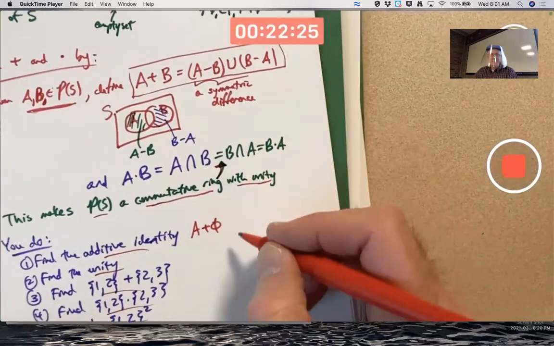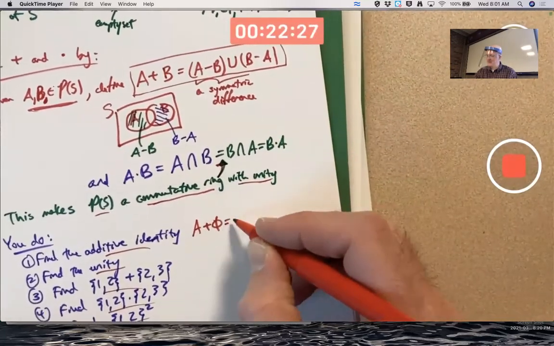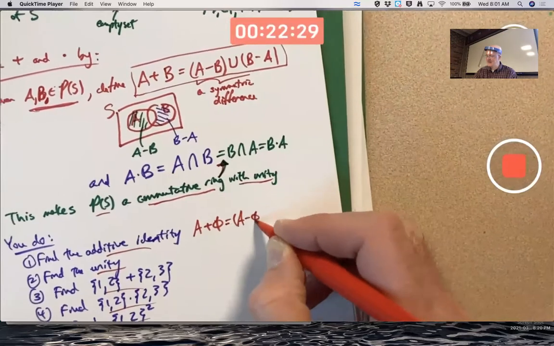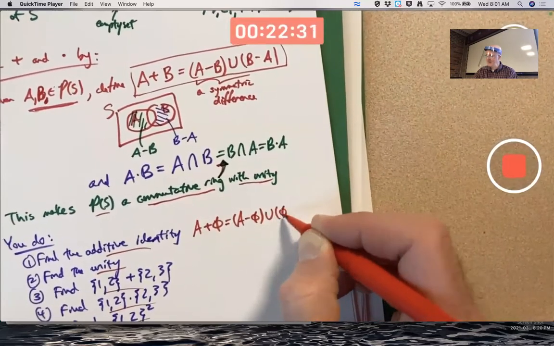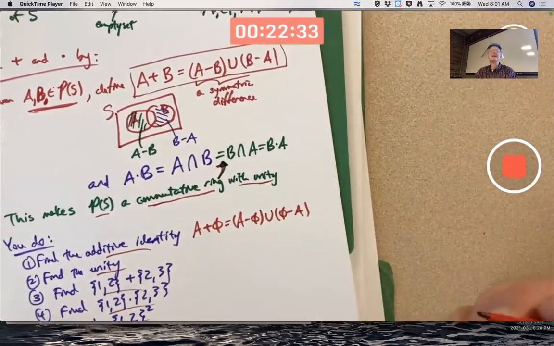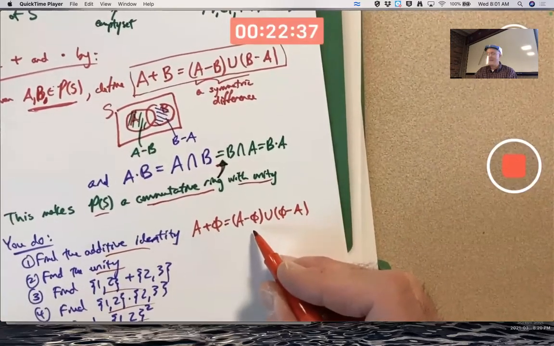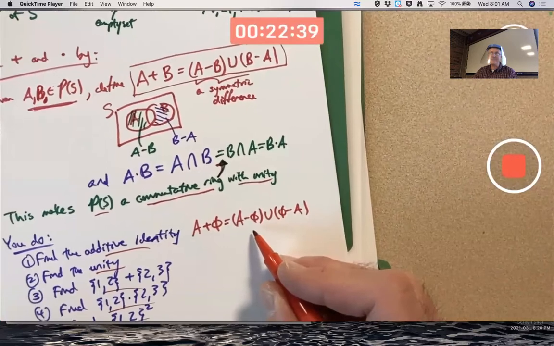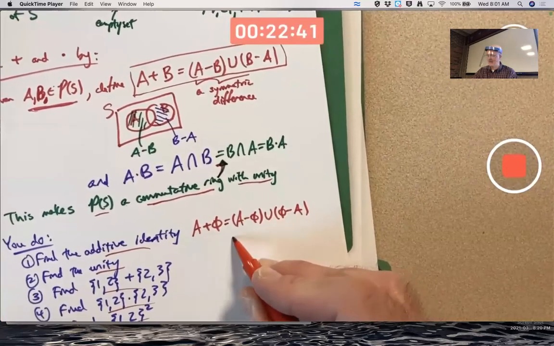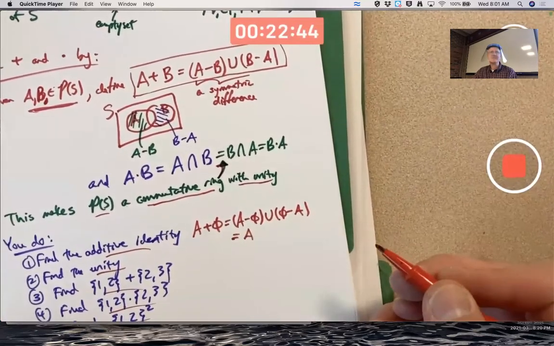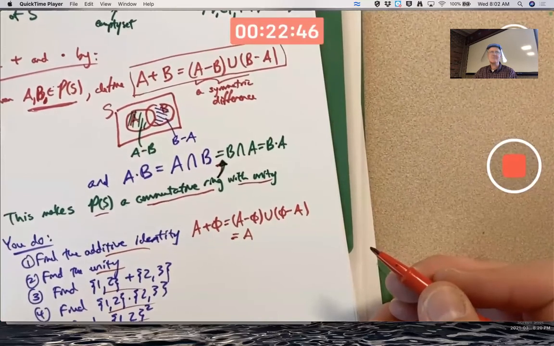According to this definition, A plus the empty set would be the union of A minus the empty set with the empty set minus A. A minus the empty set is everything in A that's not in the empty set. Well, that's A, right? Because nothing is in the empty set.